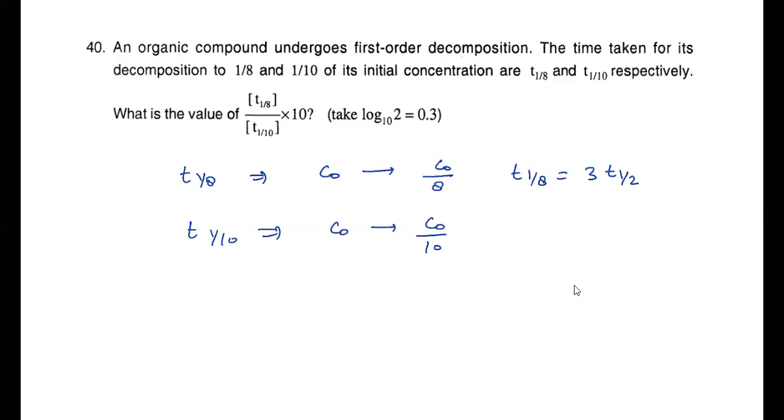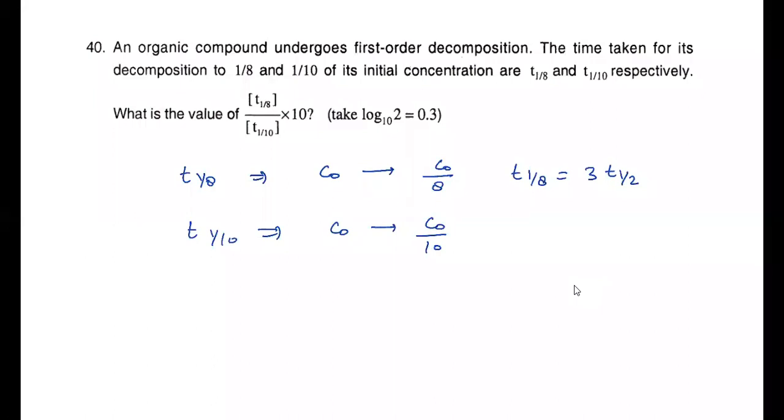So initial concentration was C0. T1 by 8 is nothing but 3 times T half, because C0 to C0 by 2 in 1 T half, C0 by 4 to next T half, C0 by 8 to next T half. So it is 3 T half.